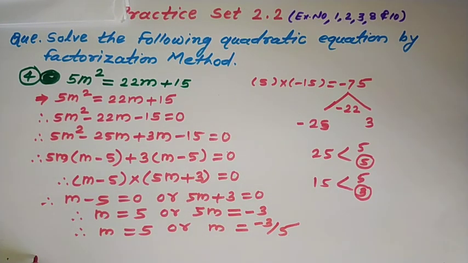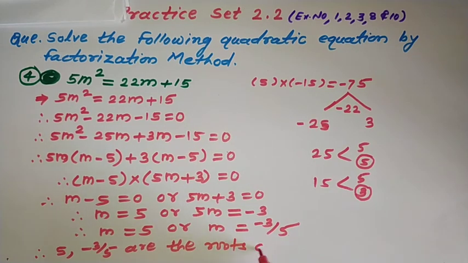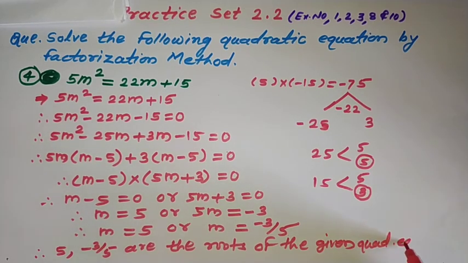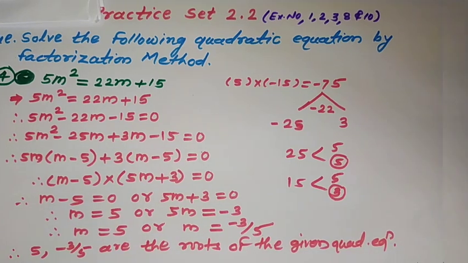Therefore, 5 and minus 3 upon 5 are the roots of the given quadratic equation. In this type, solve the above example.